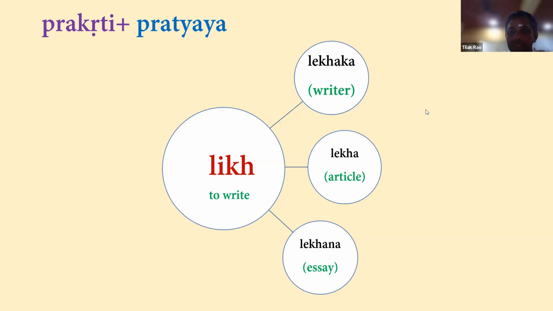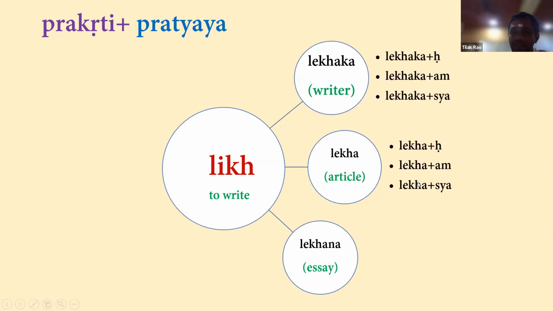Again, by adding pratyayas to these, we get different forms: lekhakaha, lekhakam, lekhakasya, lekhaha, lekham, lekhasya, lekhanam, lekhanasya. So there is a foundational prakriti that is called dhatu, and to that dhatu we add pratyayas at different levels, so that we get different words in Sanskrit.